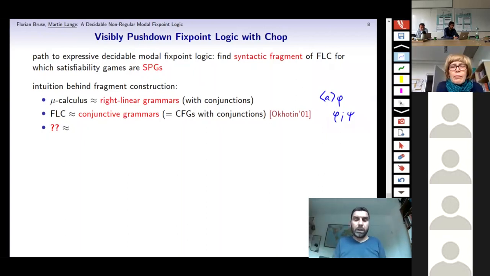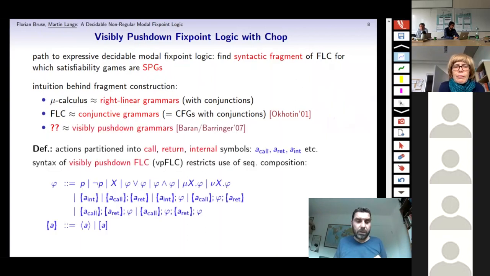It's a bit like context freeness. And how do we get to these stair parity games? Well, we need to find something that resembles visibly pushdown languages, which are represented, for instance, by visibly pushdown grammars. And this is what gets us to this logic, visibly pushdown FLC.